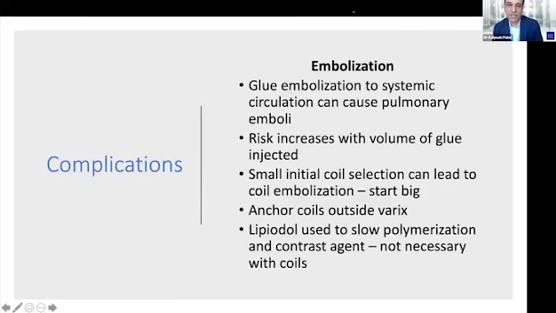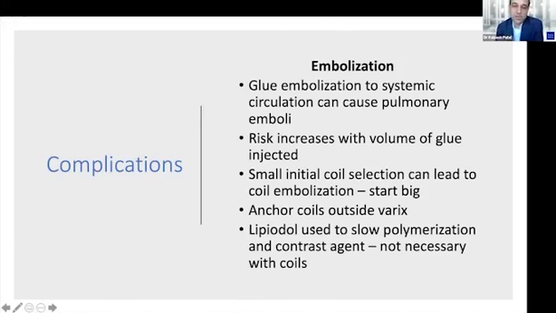In terms of embolization, as we discussed, glue embolization can cause serious consequences like pulmonary emboli. It is related to the volume of glue. So really, I can't emphasize enough, it's the initial coil selection. If you select a very small coil in a big varix, I've seen this happen, it itself can embolize directly. We recently reviewed a case in GIE of an embolized coil to the right ventricle.